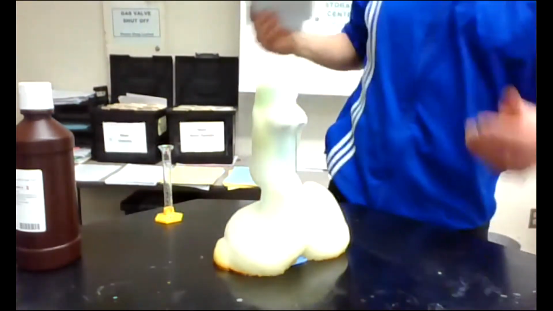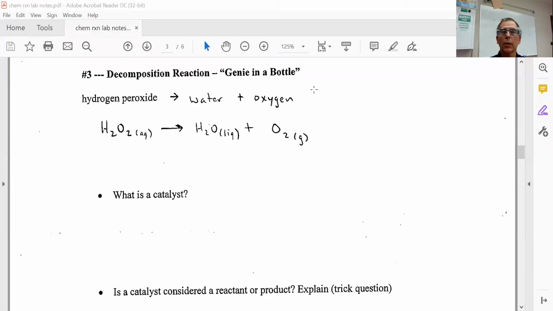So let's do that. Let's go back to screen share. Sometimes I'm going to write the catalyst right above the arrow.